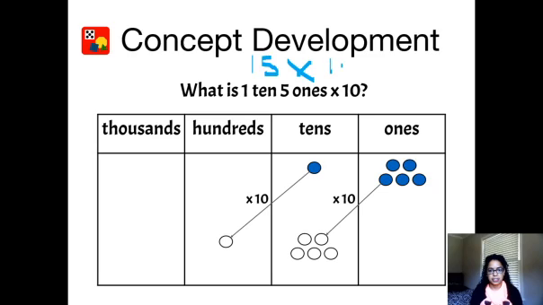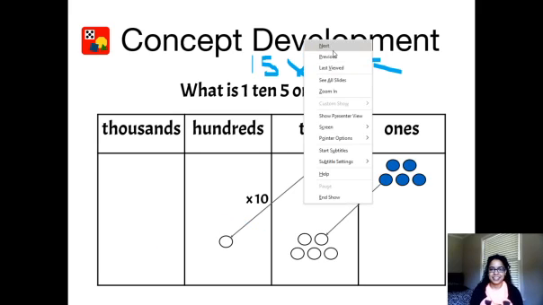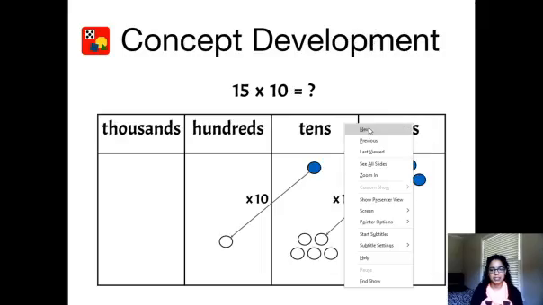In the previous slide, we did 15 times 10. And this one we're decomposing, which we already did on the place value chart, and saying 1 ten 5 ones times 10. So there you go. Moving on to the next one.